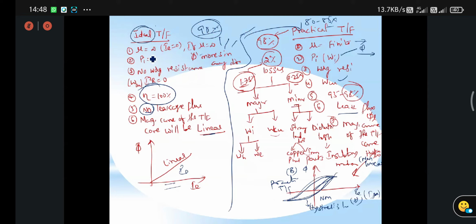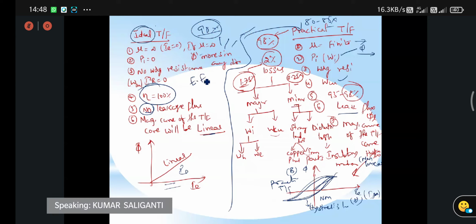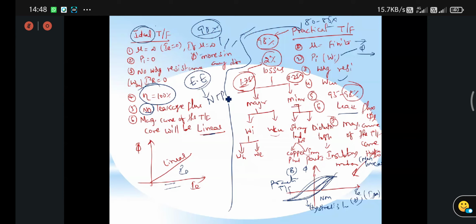Another example: in the ideal condition you want to become a good executive engineer in NTPC, the National Thermal Power Corporation. This is the ideal. You think, I want to become an executive engineer in a reputed company like the National Thermal Power Corporation.